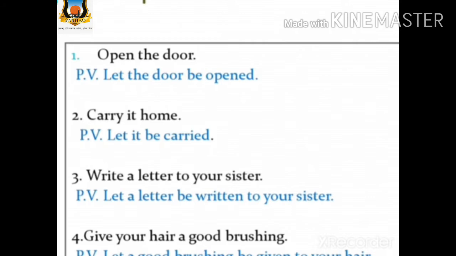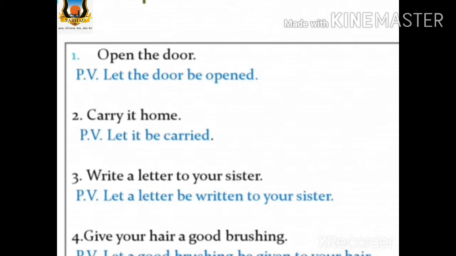Okay, understand? Now look at the next sentence. Give your hair a good brushing. Can you guess, students, the object from this sentence? Yes, you are correct. A good brushing is the object from this sentence.